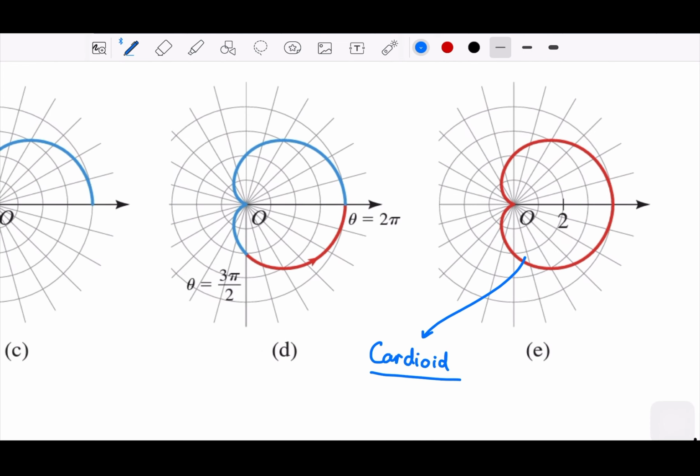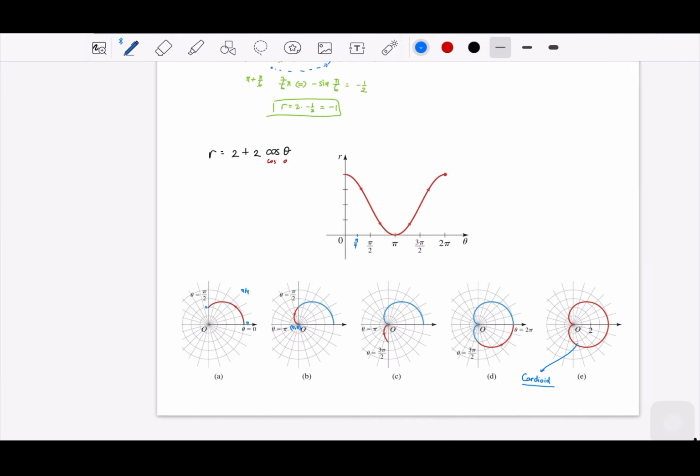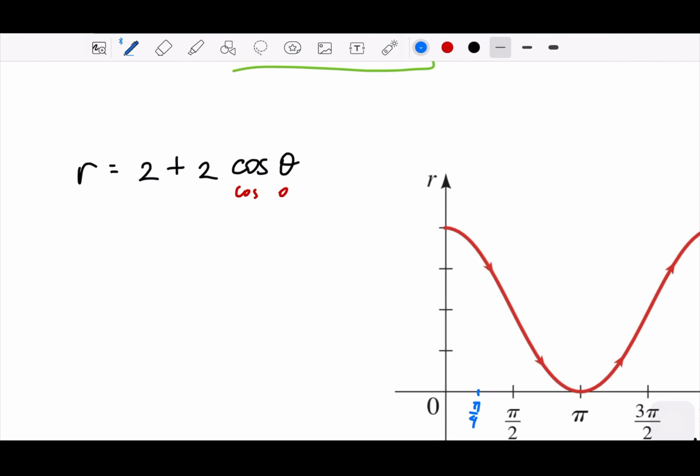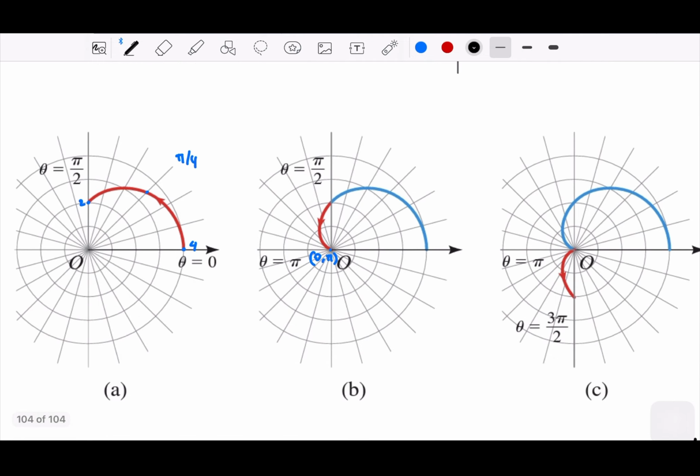So every time you have this 2 plus 2 cosine theta, or we could say a plus a cosine theta, this is our cardioid, or plus minus. We can also have the sine. This is also a cardioid, but the difference between cosine and sine we will see later on.